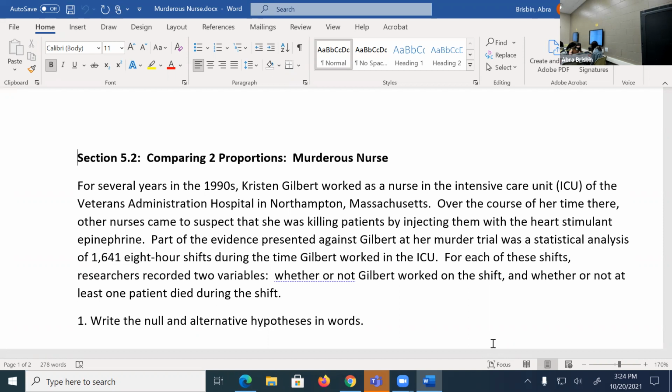Isn't it kill or not kill? I think you subtract the kills from non-kills, since the kills is bigger.